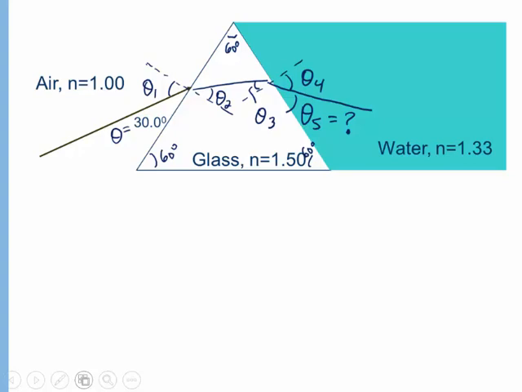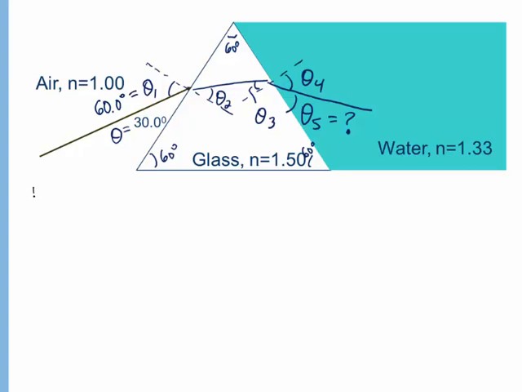Okay, let's see how you did. The first thing you had to realize is that you can't use that 30-degree angle that I gave you directly, because notice that's not the angle with respect to the normal. Therefore, the first thing we want to do is just figure out that theta 1 is 60 degrees, and that's the angle we want to use in order to figure out theta 2.